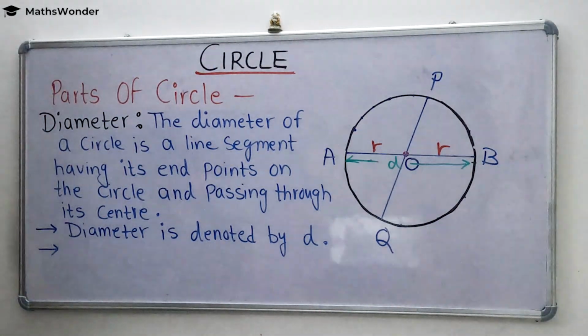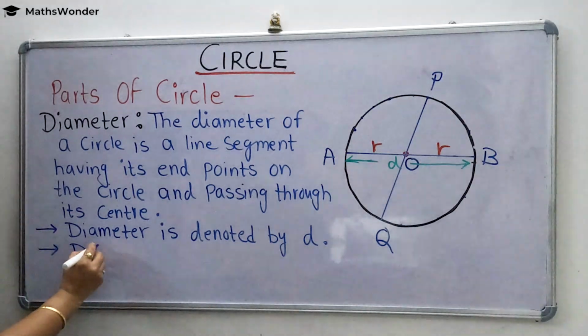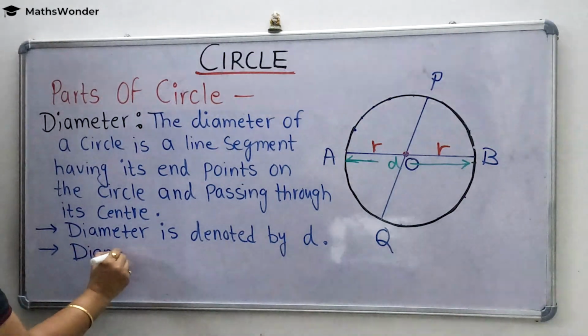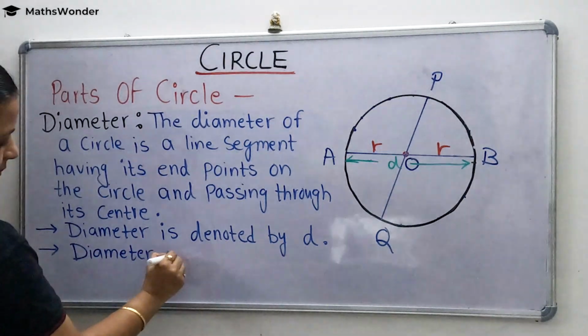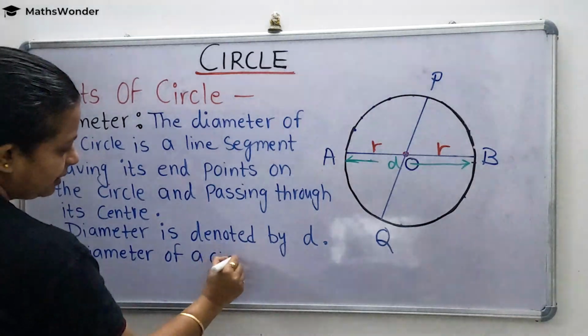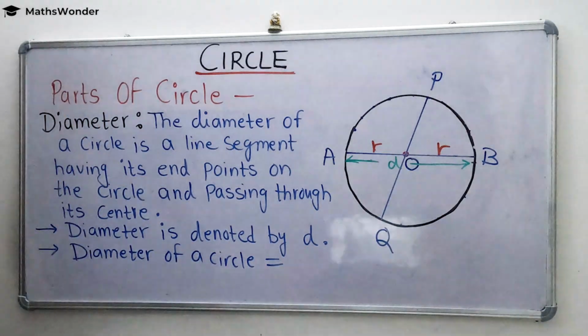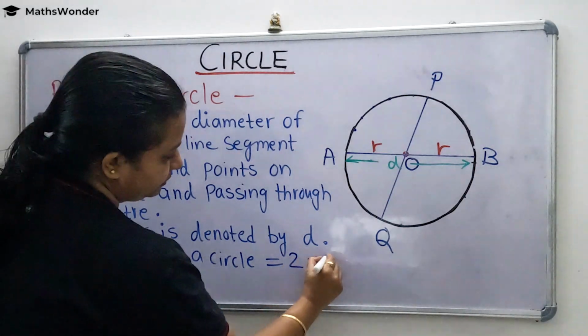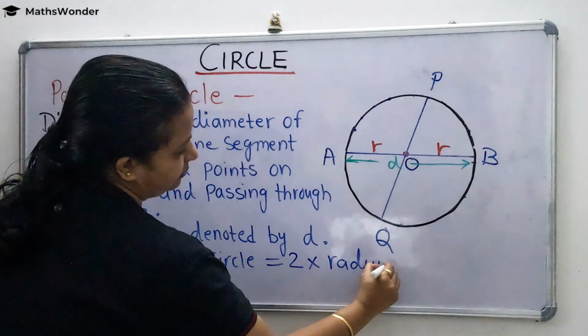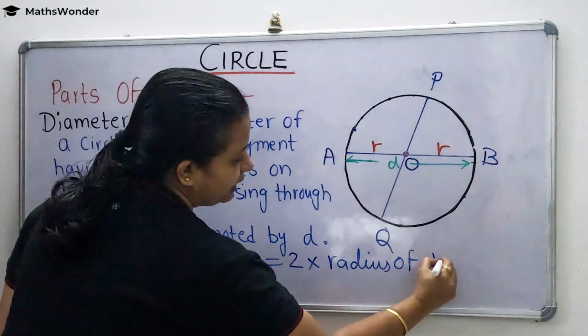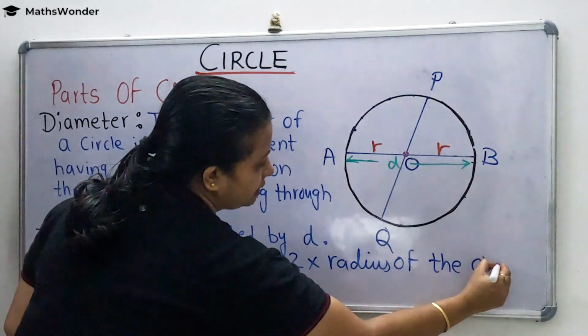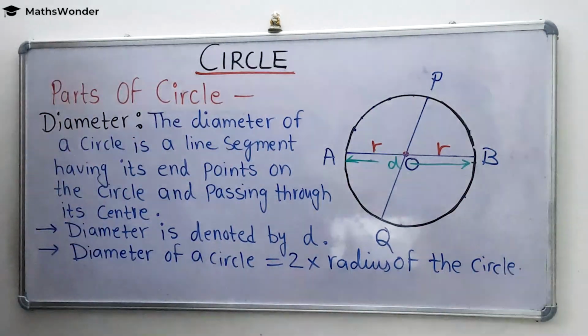How will you write it? The diameter of a circle is 2 times the radius of the circle. And you can write it in denotation form.